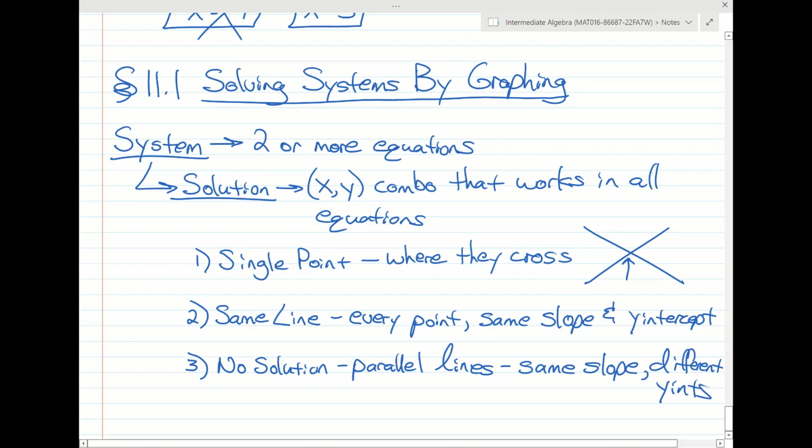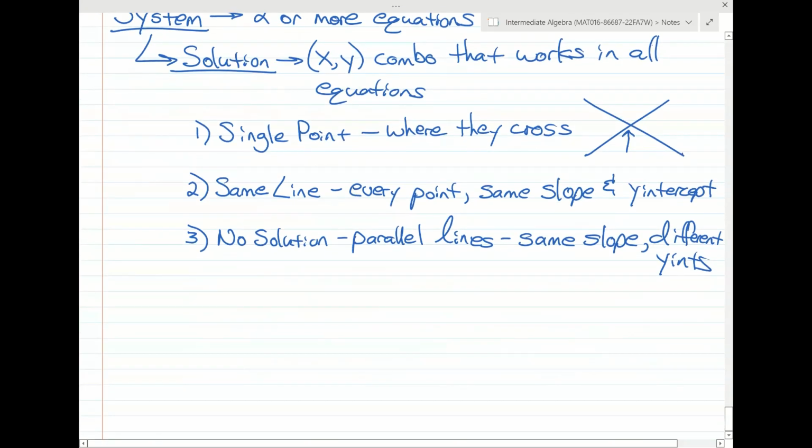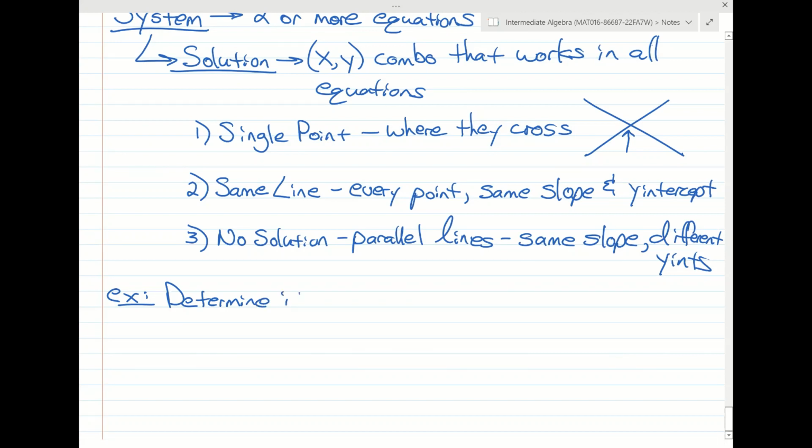So I have three types of examples. The first type is I'll ask you to determine if each ordered pair is a solution. Let me show you.